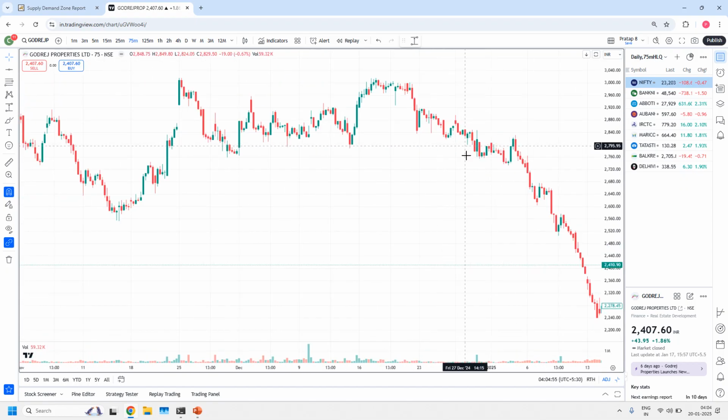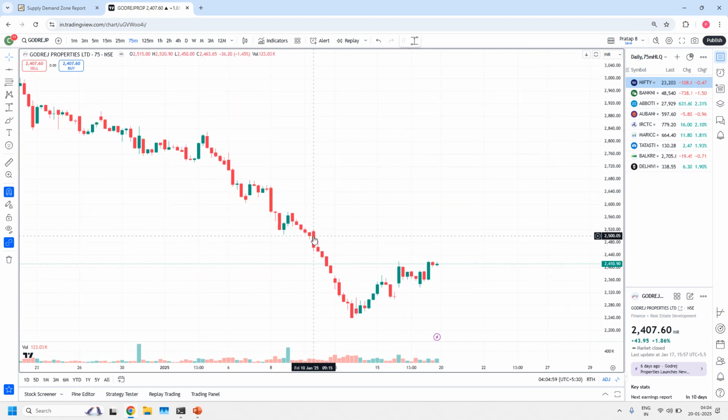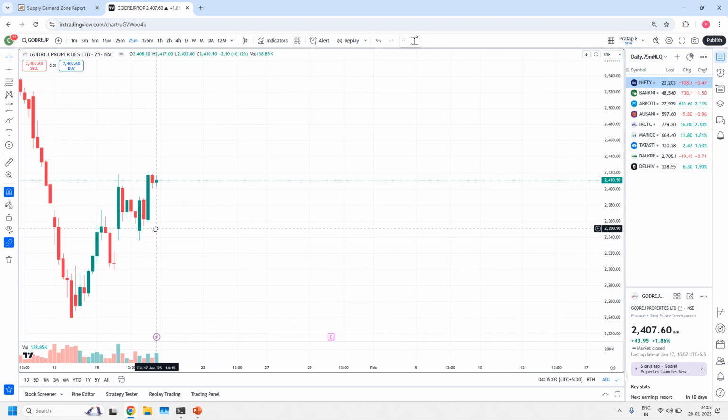Not clearly visible here. This is the one drop. Let me hide these candles, you will get clarity. 10-1, 9-15, these 2 base candles. This is a drop candle.